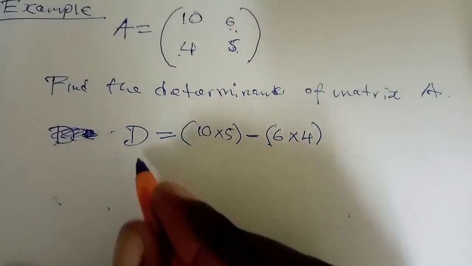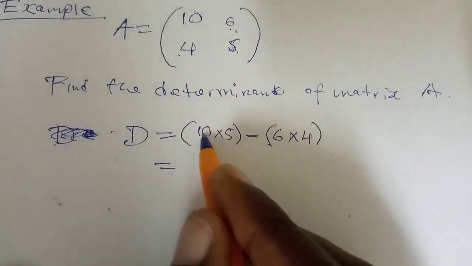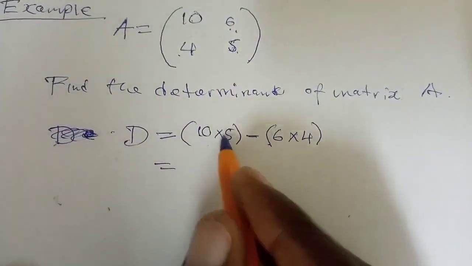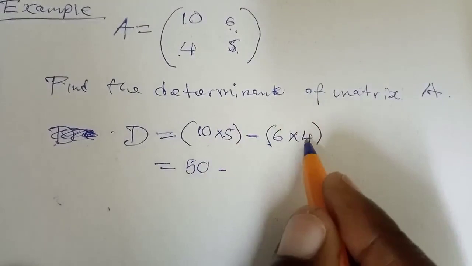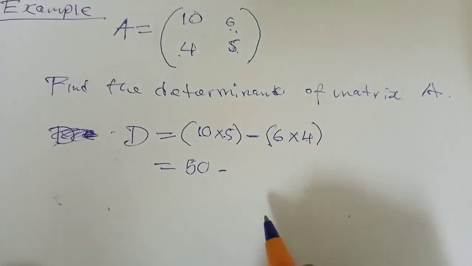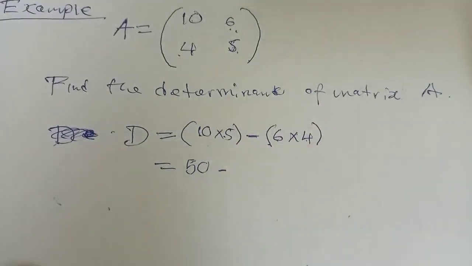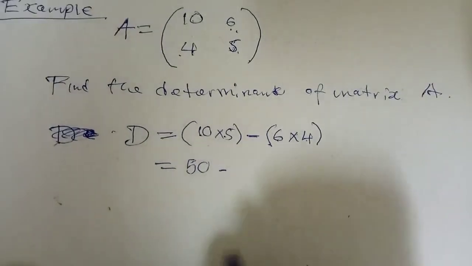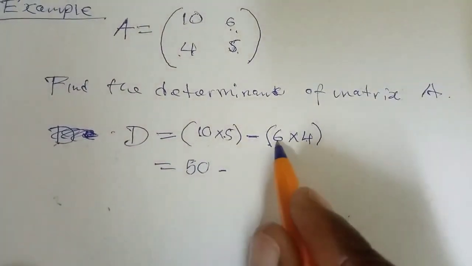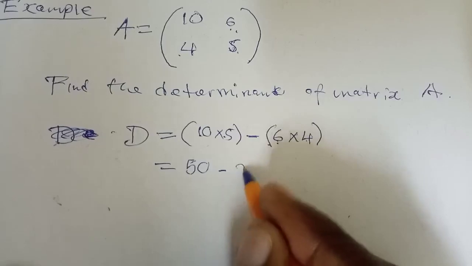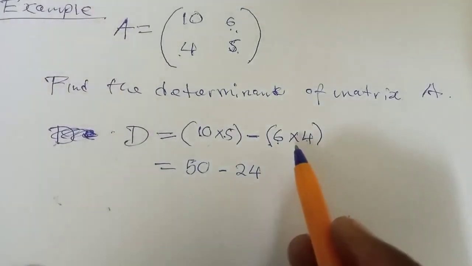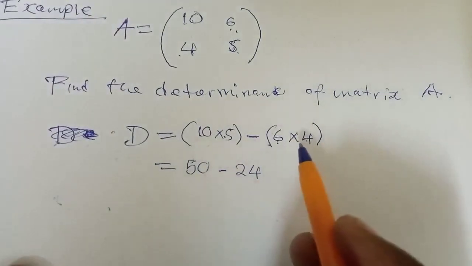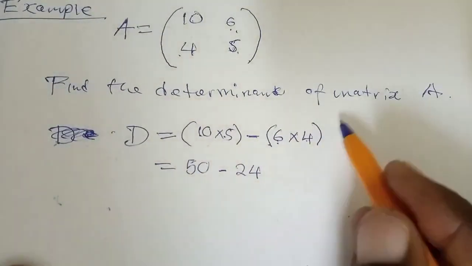So the determinant will be 10 times 5, which is 50, then minus 6 times 4. What is 6 times 4? It is actually 24.